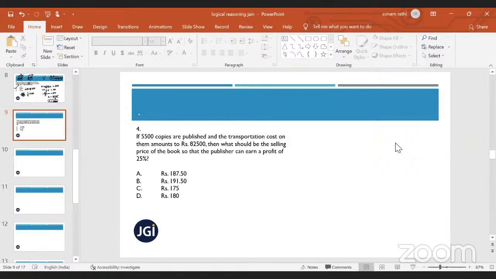If 5,500 copies are published, so how many copies of books are being published? 5,500. And the transportation cost on them amounts to 82,500. So first of all, can we find the transportation cost of one book? Find the transportation cost of one book.